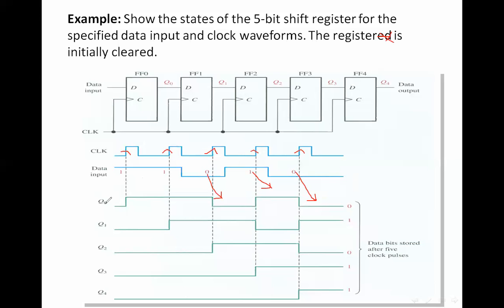So I think now Q0 you were able to understand. So Q1 will be a shifted version, shifted by 1 clock. Whatever data that you see here, this is for 2 clock pulses. Okay, let me just name them. Let's put it as A and B. So here this A and B is appearing here.